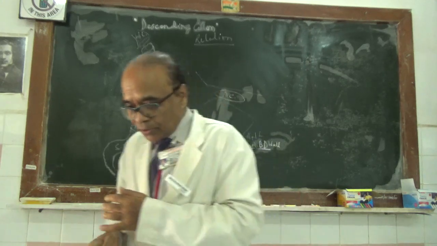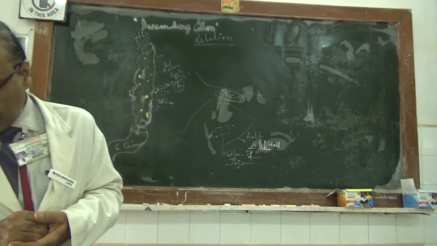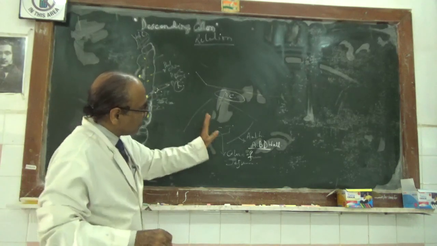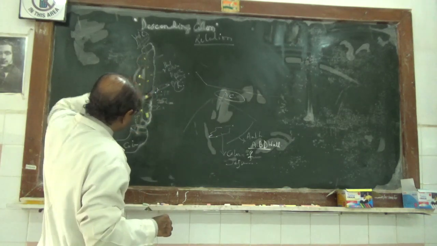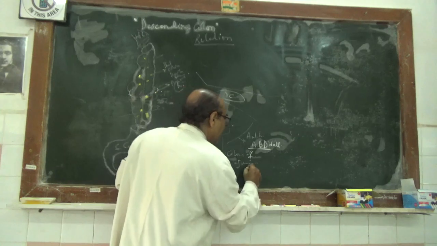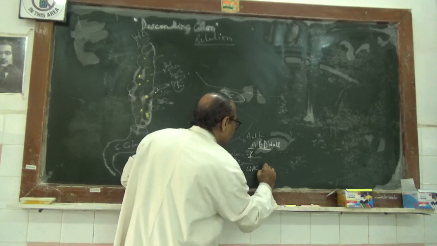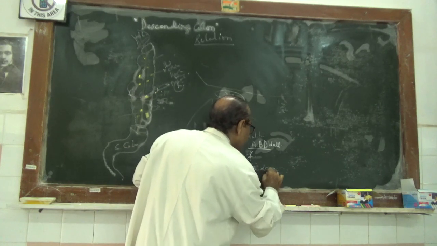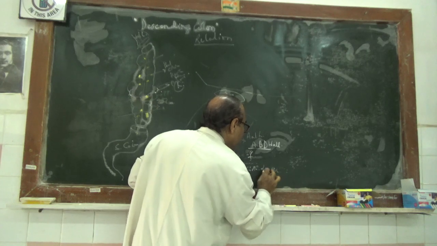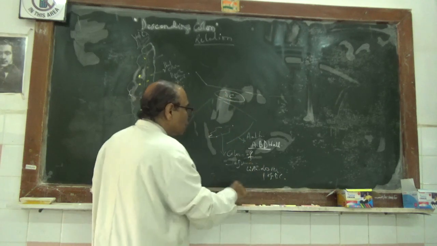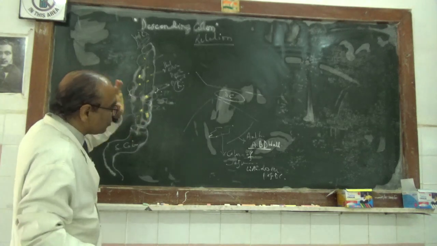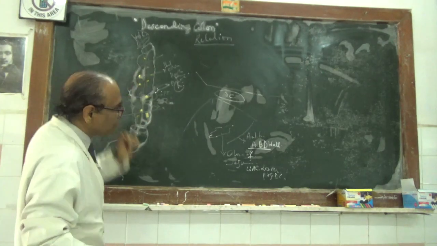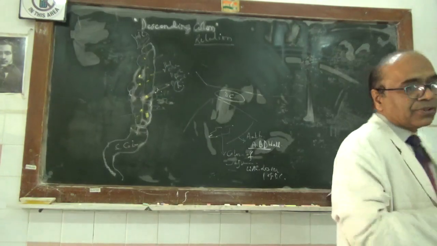Now these coils of the jejunum you will get only at the upper part, but with the exception of the lower part of the descending colon, which will not have jejunum, while the upper part of the descending colon will have jejunum coils.